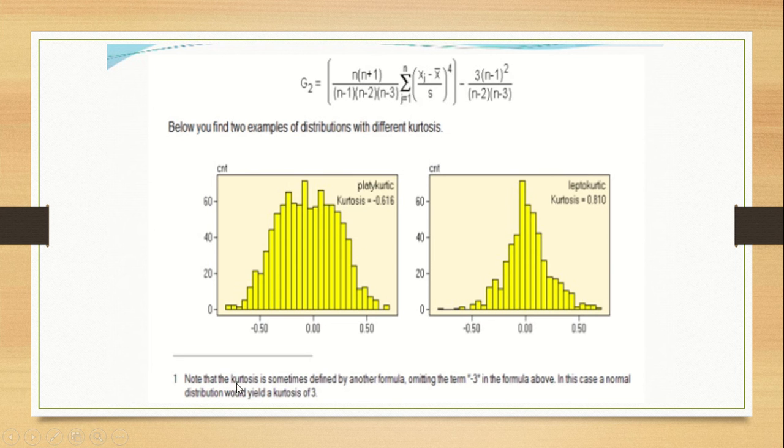Note that the kurtosis is sometimes defined by another formula, omitting the term negative 3 in the formula above. In this case, a normal distribution would yield a kurtosis of 3.